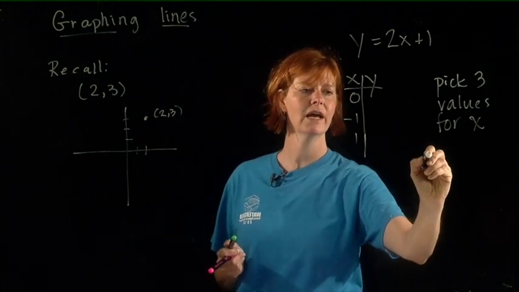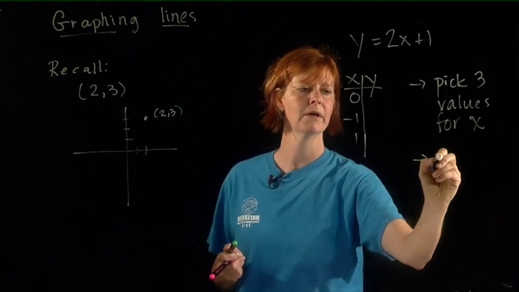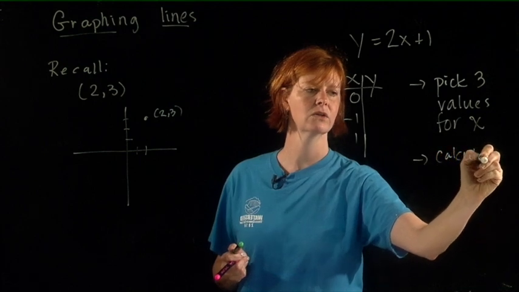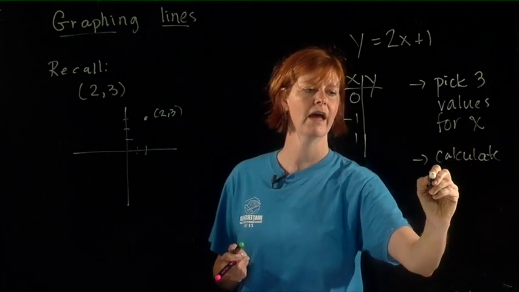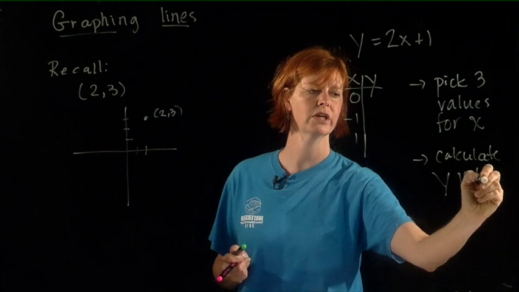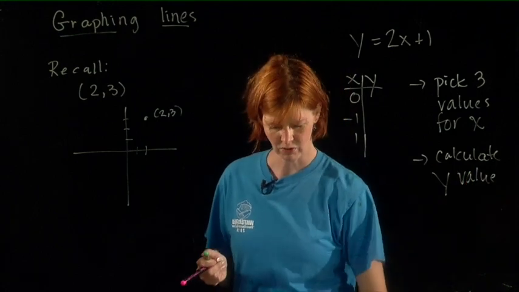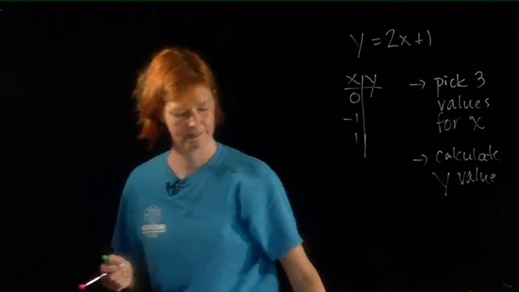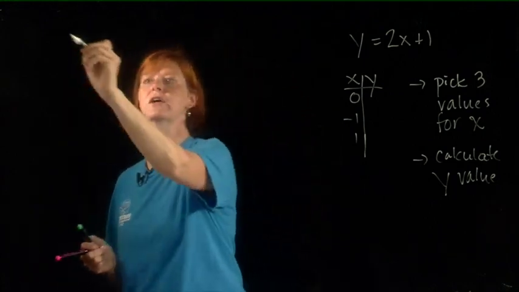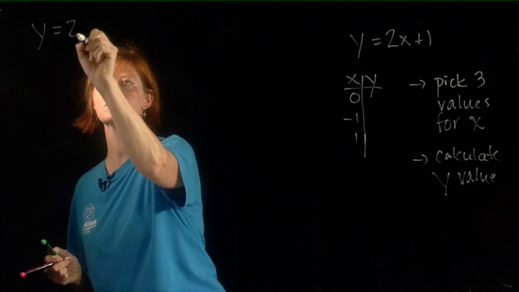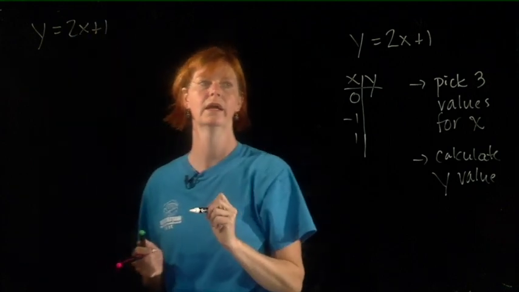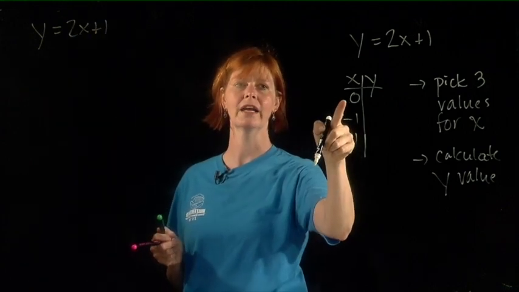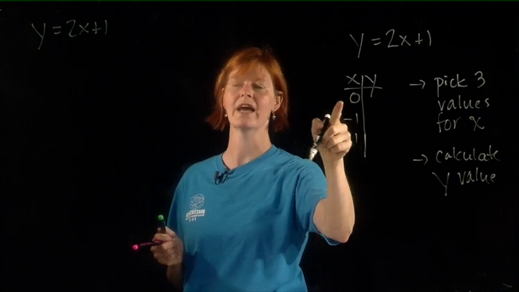And now the next thing, this is a sort of a step, is we're going to calculate or evaluate the y value for each one of those. So let me do that over here. So let's plug in 0. So you take your equation, y equals 2x plus 1, and we're going to calculate what the y value is when x is 0.